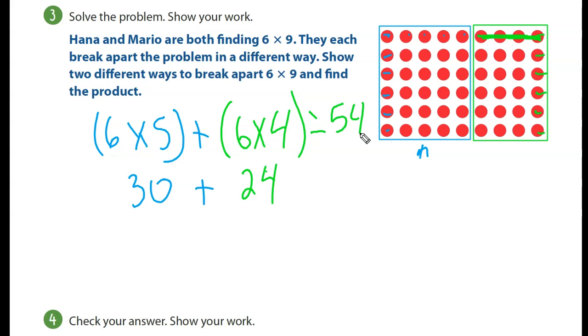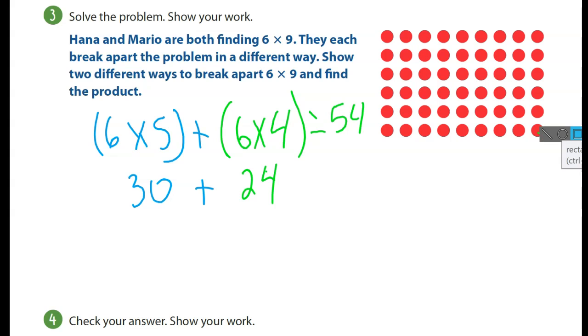And then I take the arrays and break them apart in a different way. Let's see. You know what? I'll do it like this. I'll do this one, and I'll do this one.